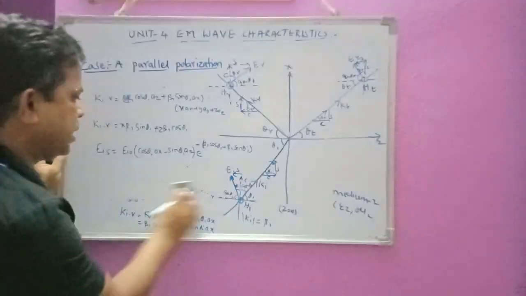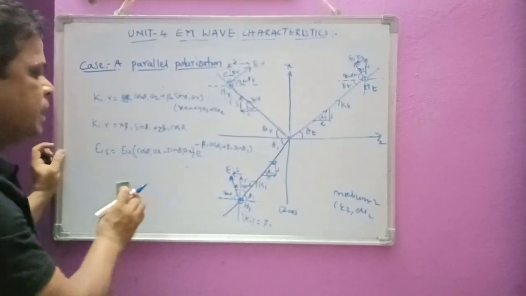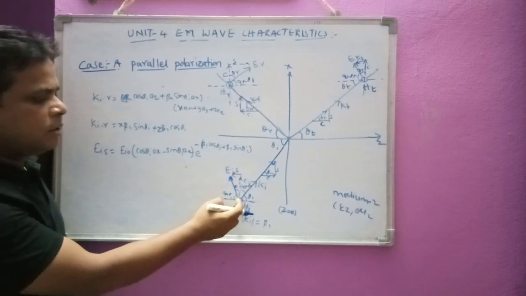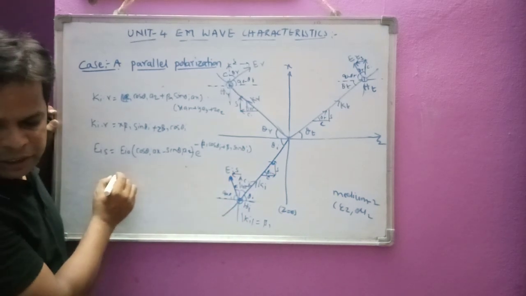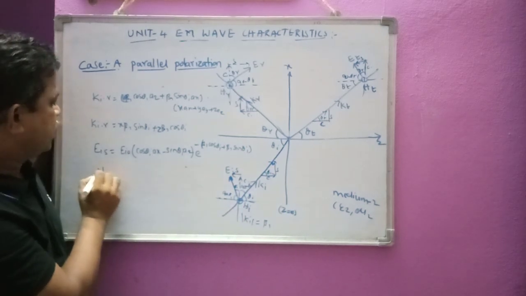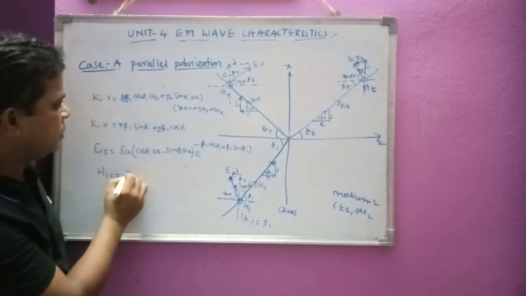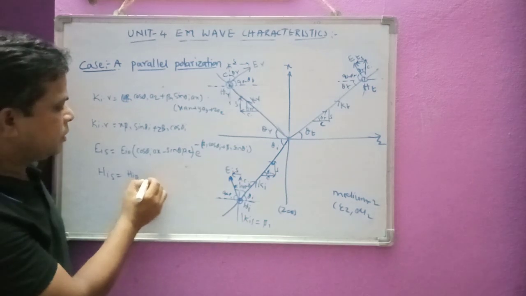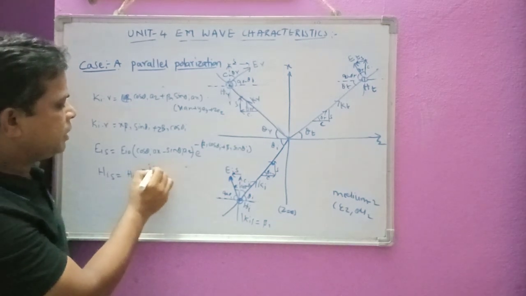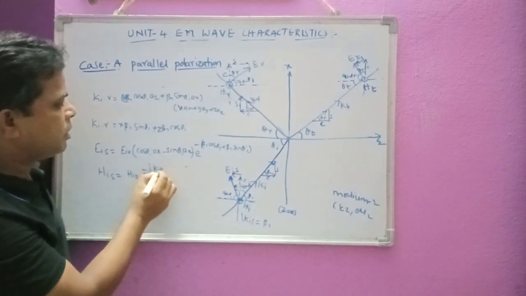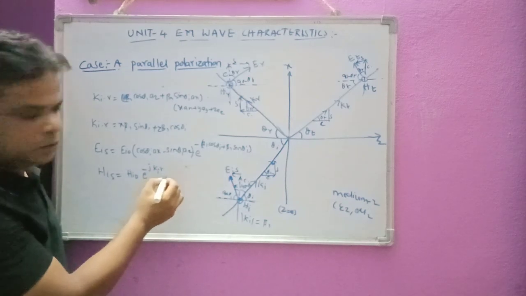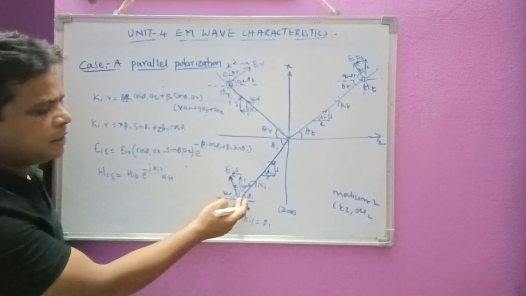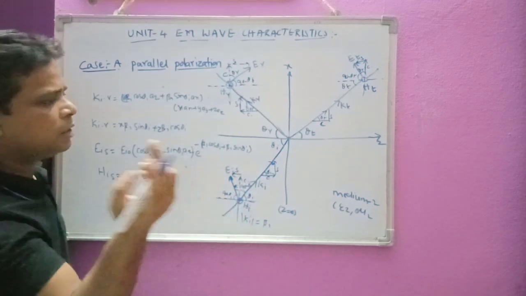Now similarly I have to write the equation for H_iS. The general equation will look like this: H_iS is equal to H_i0 into e power minus j k_i dot r into the direction. By seeing this direction we can easily say that it is in the positive y axis.